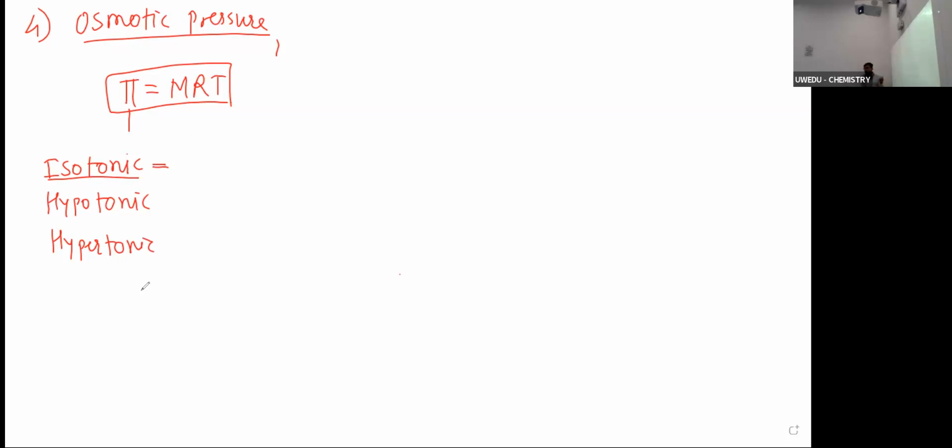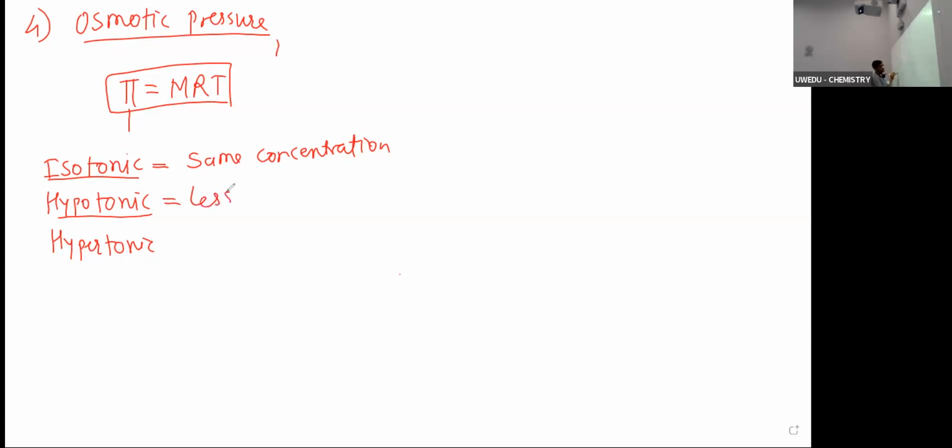Okay, you have two solutions, and if both have same concentration, that means net flow will be 0. Hypotonic means hypo is less. So one solution is less concentrated, that is called hypotonic. And the one which has more concentration is called hypertonic.